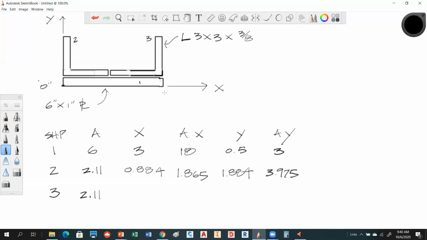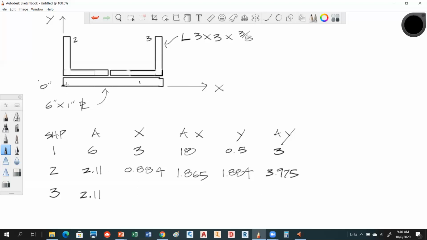Yep. Okay, so shape 3 is identical to 2. Area is the same. This guy's mirror image. So this distance here is the same thing as it was here. So that 0.884 is here, but we need to reference it to this point, the origin. So if we take 6, that gives me to that face, and we subtract the 0.884, that'll give me what the x value is.